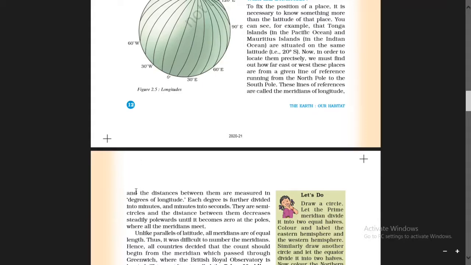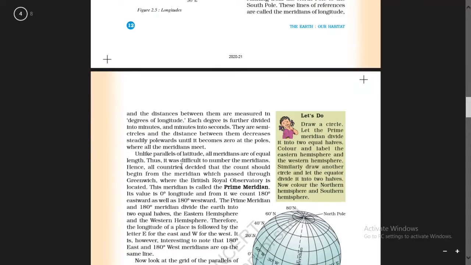The distances between them are measured in degrees of longitude. Each degree is further divided into minutes and minutes into seconds.